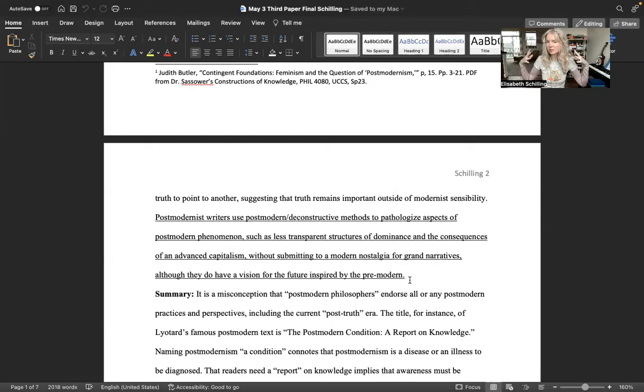I don't think we can always assume that they are endorsing the postmodern condition, which might be discussed as disorderly, being against meta-narratives, being against or being suspicious of order and hierarchy and authority and power, and wanting to question sort of everything and stay in this realm or this space where we're not really landing anywhere, at least for very long.